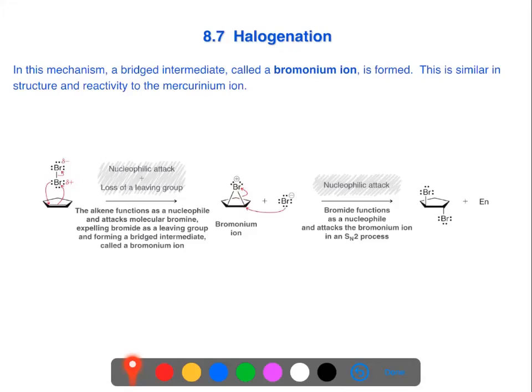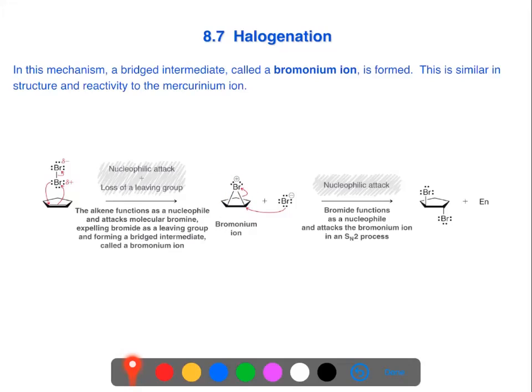Why is that the case? Well, now when the bromide is attacking the bromonium ion, it's only going to do so from one side of that ring system. It can't approach and attack either carbon of the original alkene from the same side because they're bridged by this particular bromine atom.